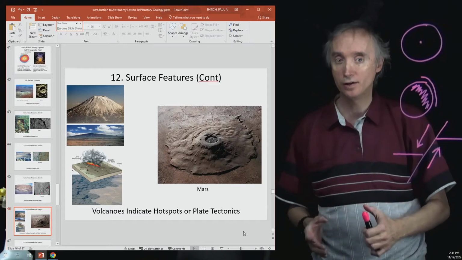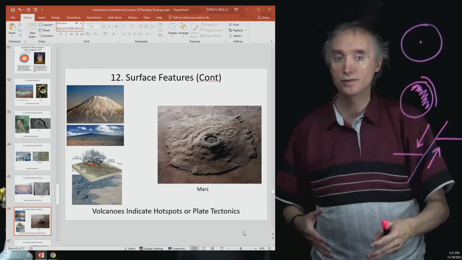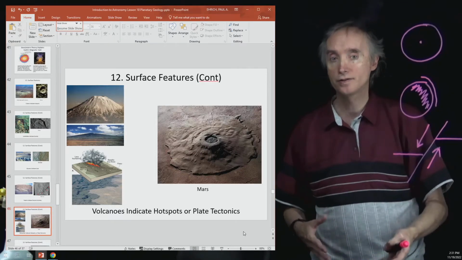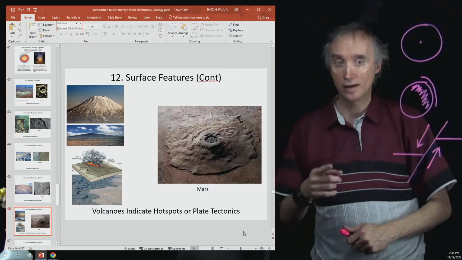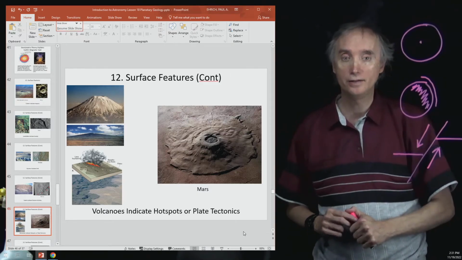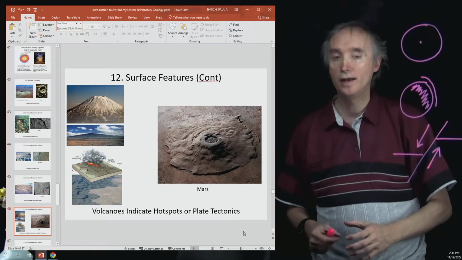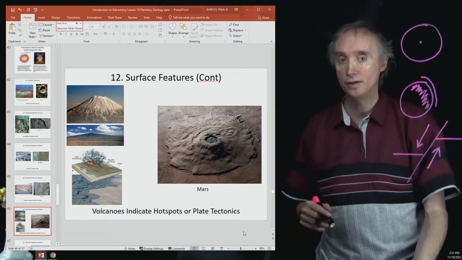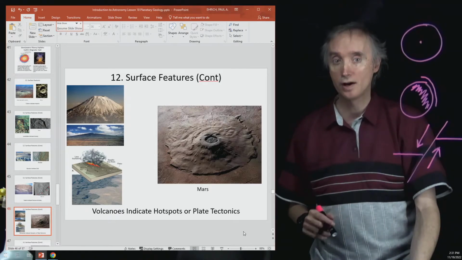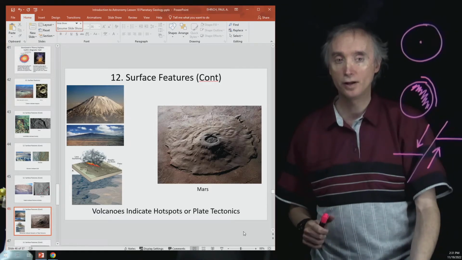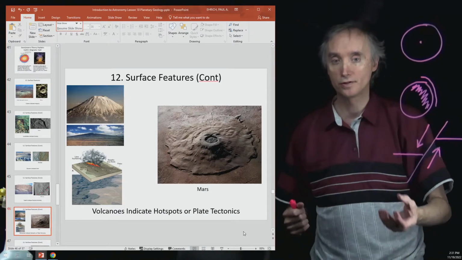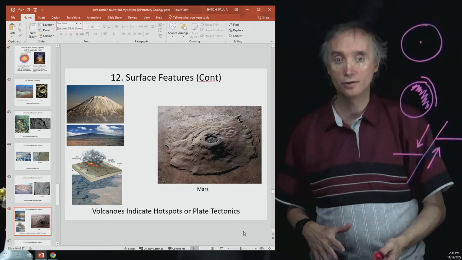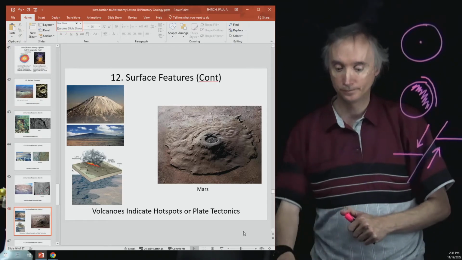So it doesn't really tell you that it's hot on the inside today, but at least it tells you it was hot on the inside in the past. That volcano on the right is called Olympus Mons, and it used to be considered the largest volcano in the solar system, but it's not anymore. There's another place in the solar system that is more volcanic and has larger volcanoes than even Mars does.